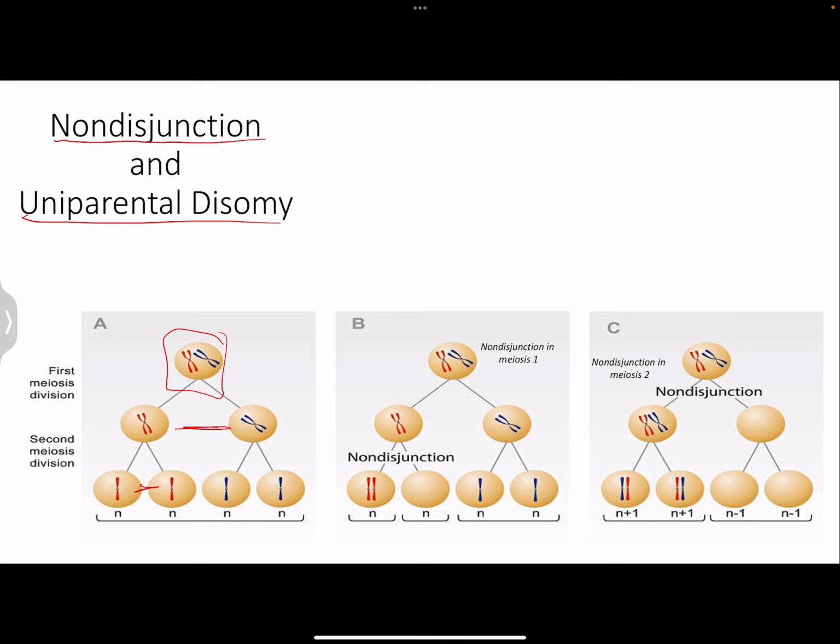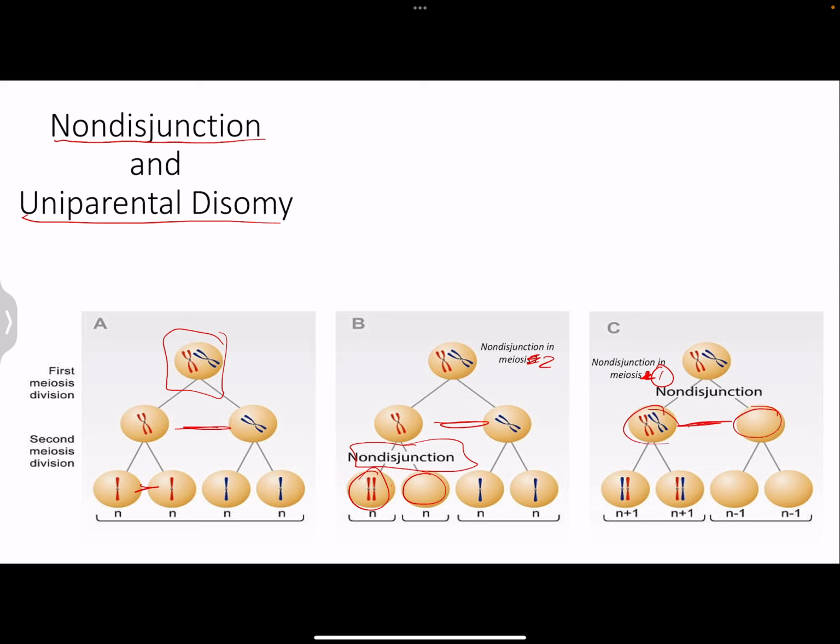And if we look over here, this actually should say 2, and this should say 1. So everything split fine here, but we have a non-disjunction at meiosis 2. So we have too many chromosomes here and not enough chromosomes here. This is something that would lead to Down syndrome, trisomy 21. And in this case over here, non-disjunction in meiosis 1, so that we have too many chromosomes over here and not enough over here.